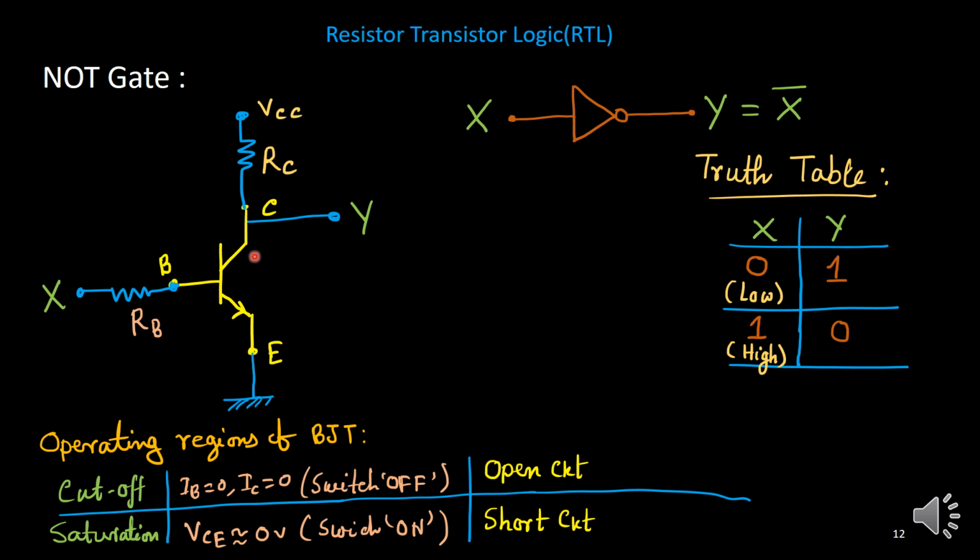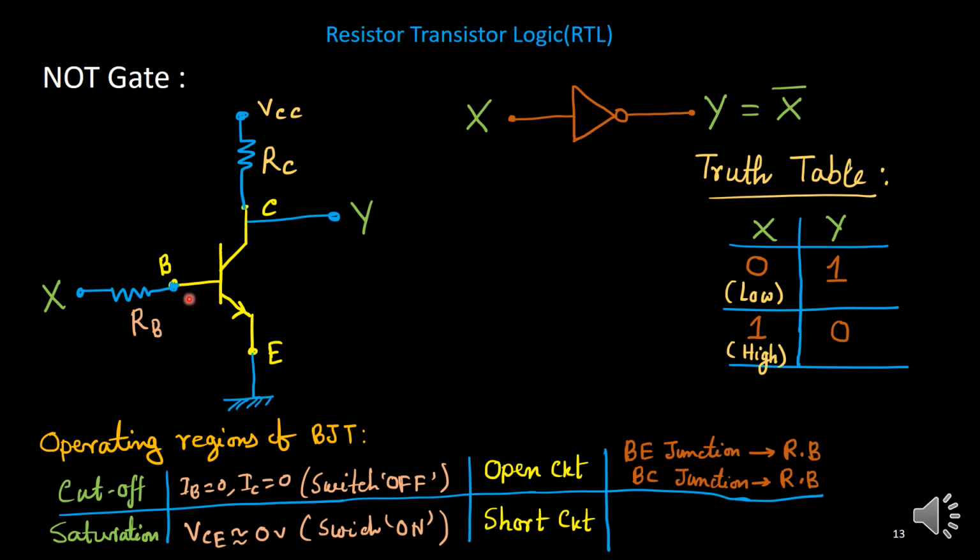Now, how do we make the transistor cutoff or saturated? It is based on two junctions: the base-emitter junction, and the base-collector junction. If both junctions are reverse biased, then it is the cutoff region.